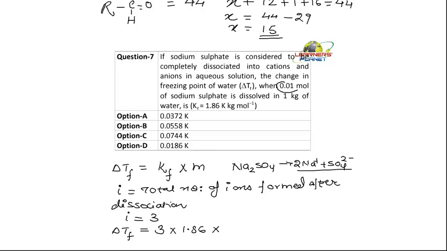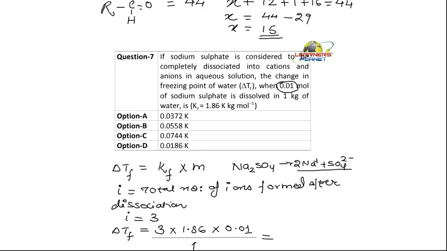We have been provided straight away with 0.01 mole, and that is dissolved in 1 kg of water. What is molality? It is the number of moles of solute dissolved in 1 kg of solvent. So here it comes out to be 0.01.